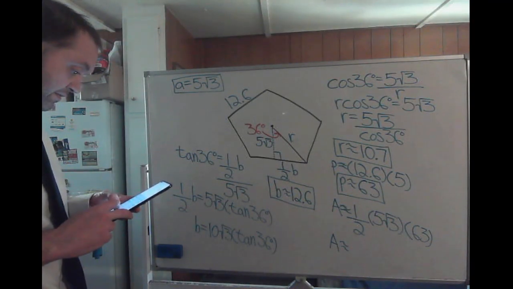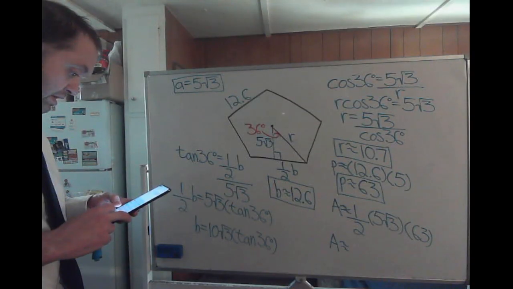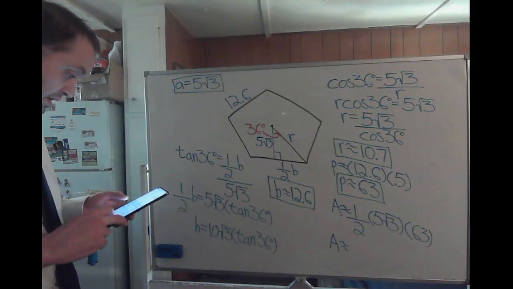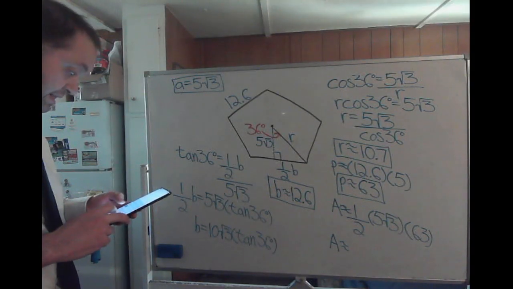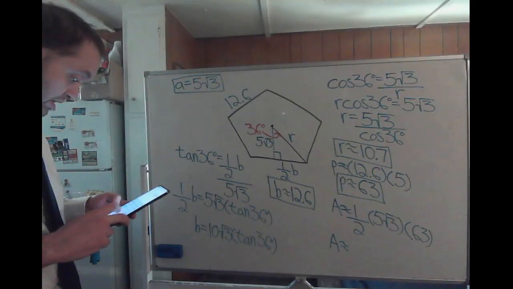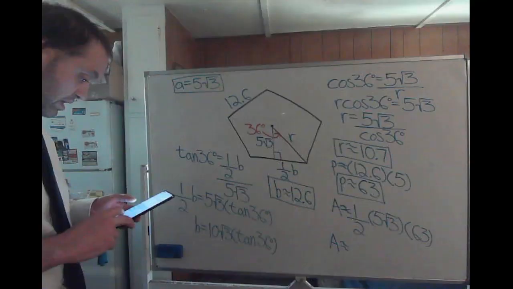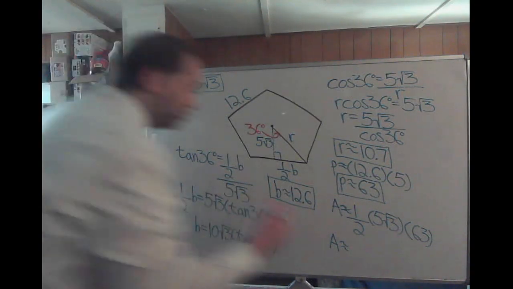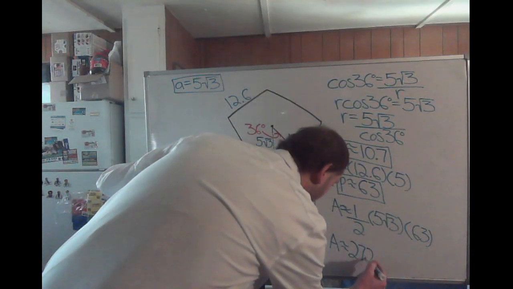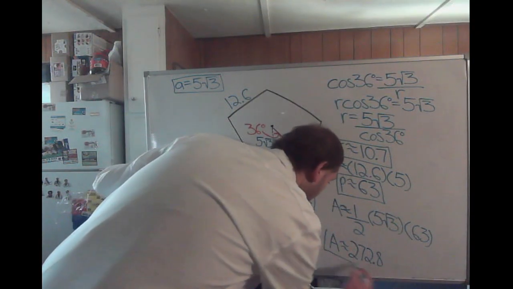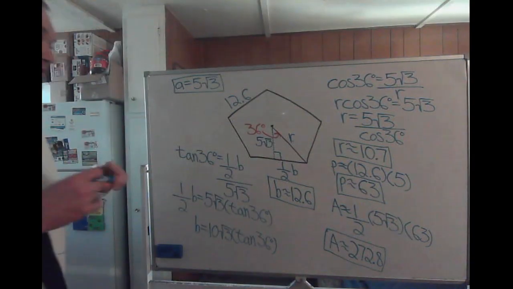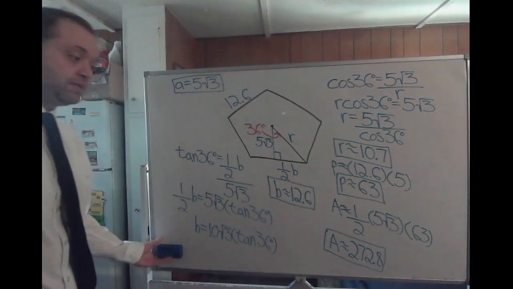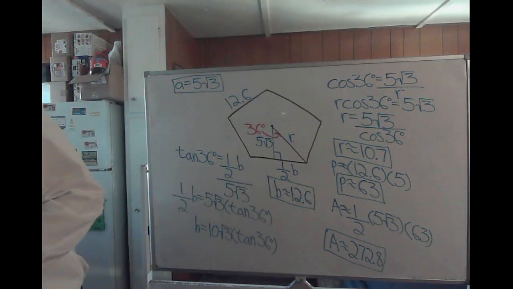So 1/2... You get about 272.8 square units. So the area of this regular pentagon is going to be approximately 272.8 square units.